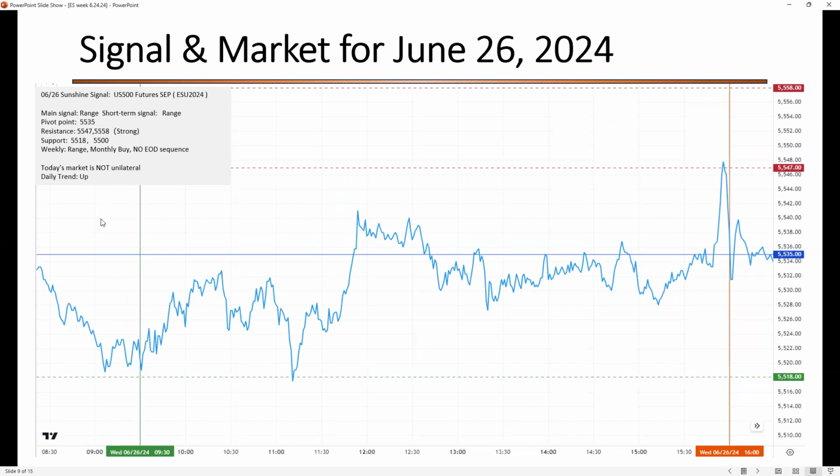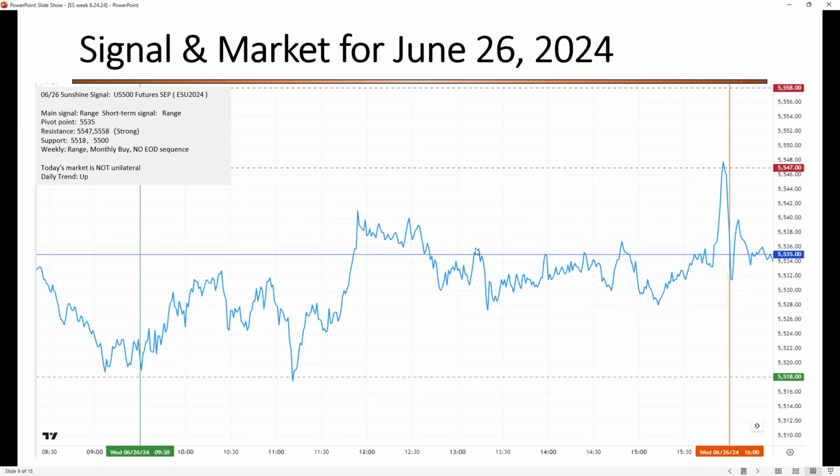Prices opened below the pivot point, but it was still near this 55.20 support, and it bounced up. Then it came down to retest it and couldn't break it. Again, 55.18 and 55.10 are the two levels we're looking at. So this would have been a long opportunity with a target back up to 55.35, which happened.